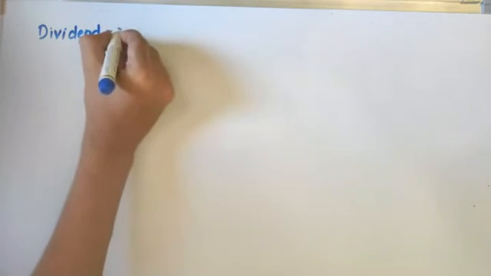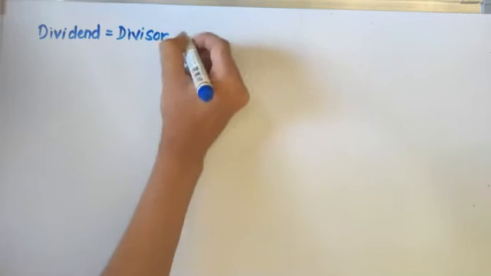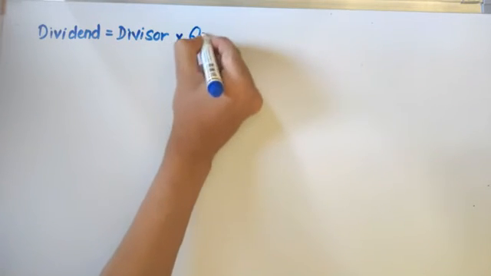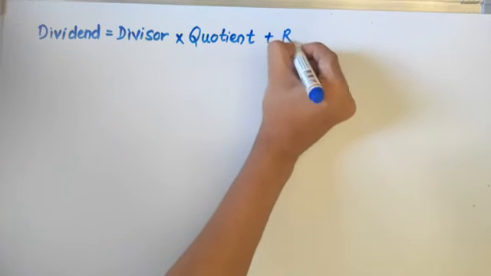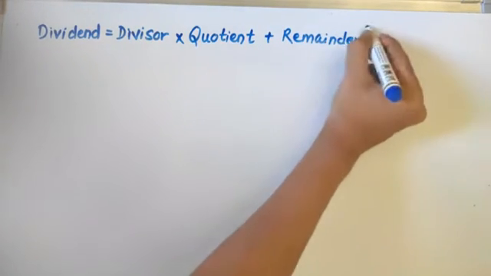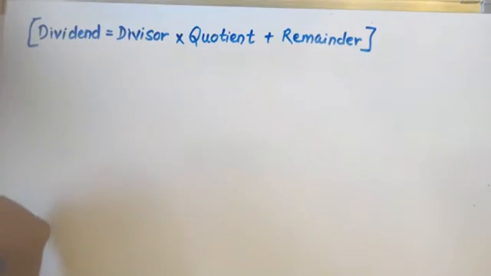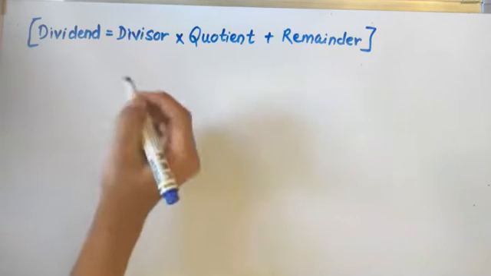Dividend is equal to divisor into quotient plus remainder. This is the basic equation. So what is dividend, what is divisor, what is quotient, what is remainder? Let us see.